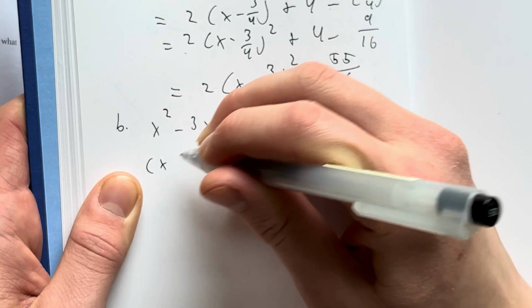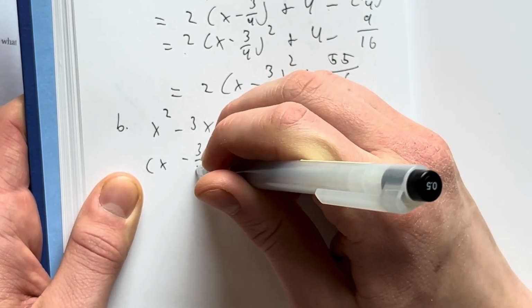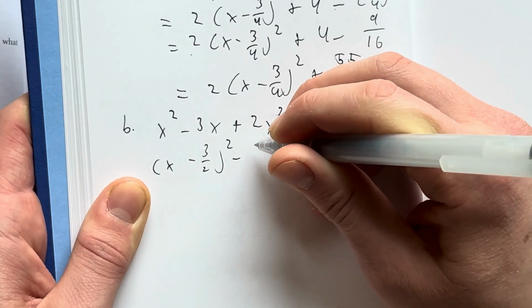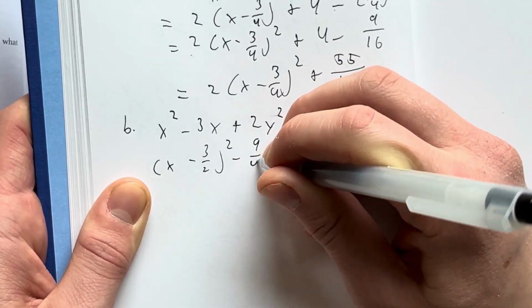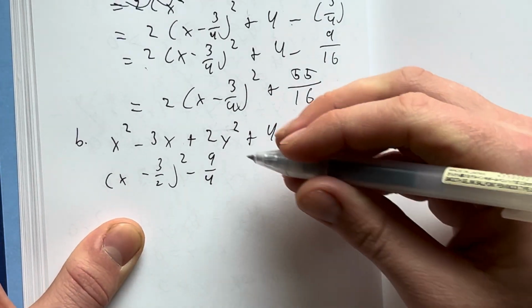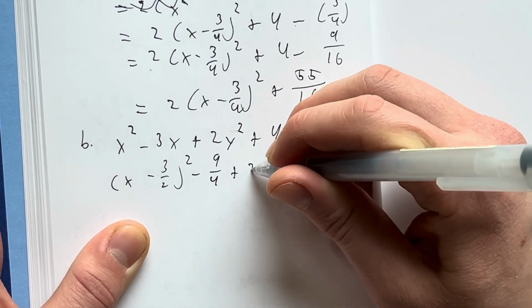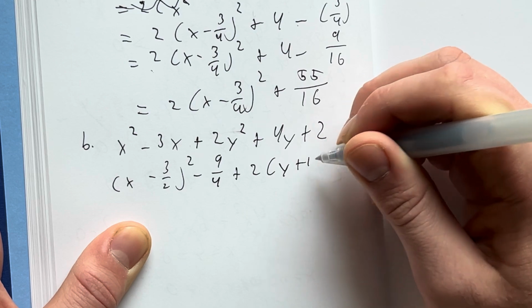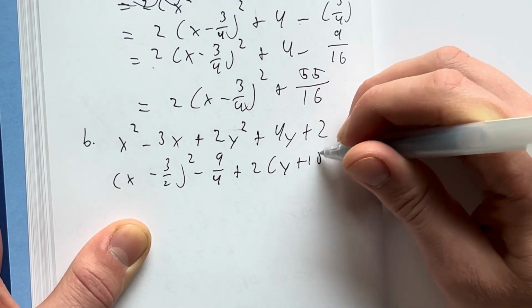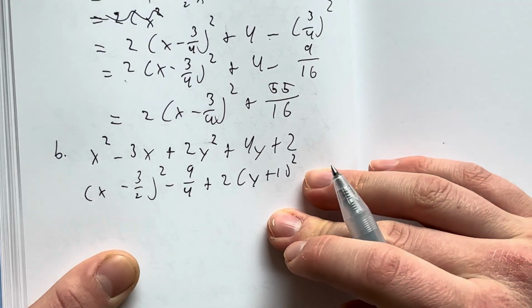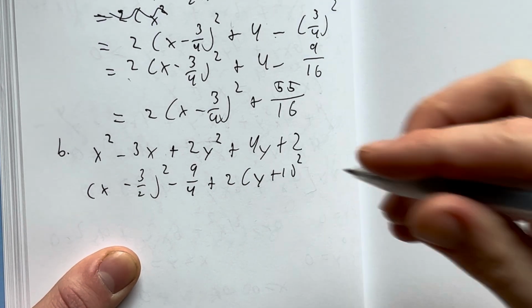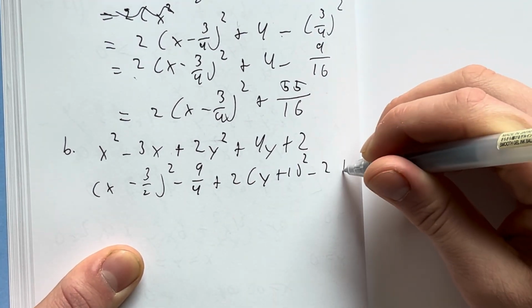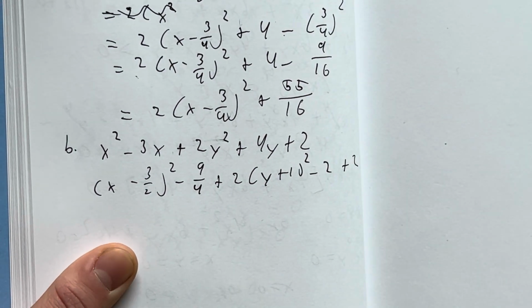yields (x minus 3 over 2) squared minus 9 over 4, and then for y we get 2 times (y plus 1) squared minus 2 plus 2.